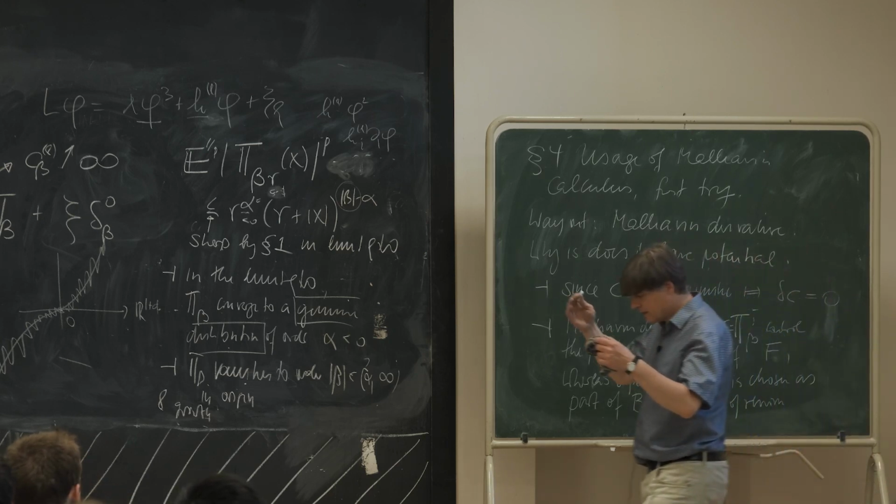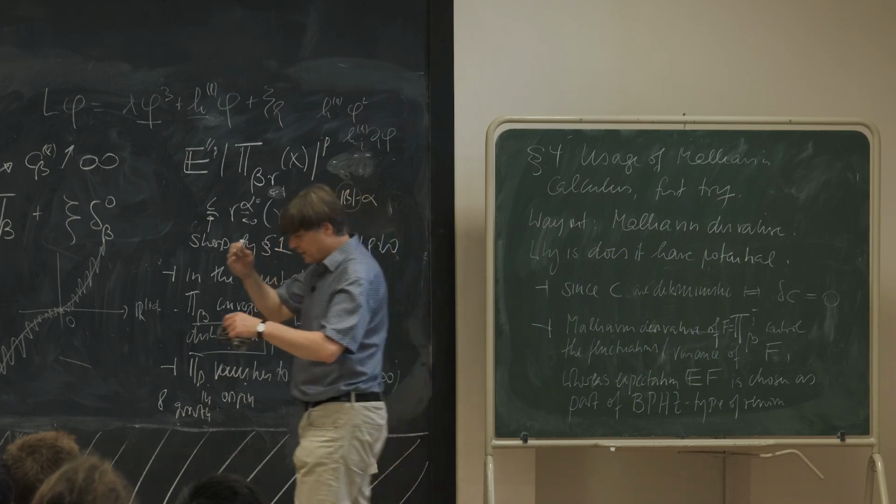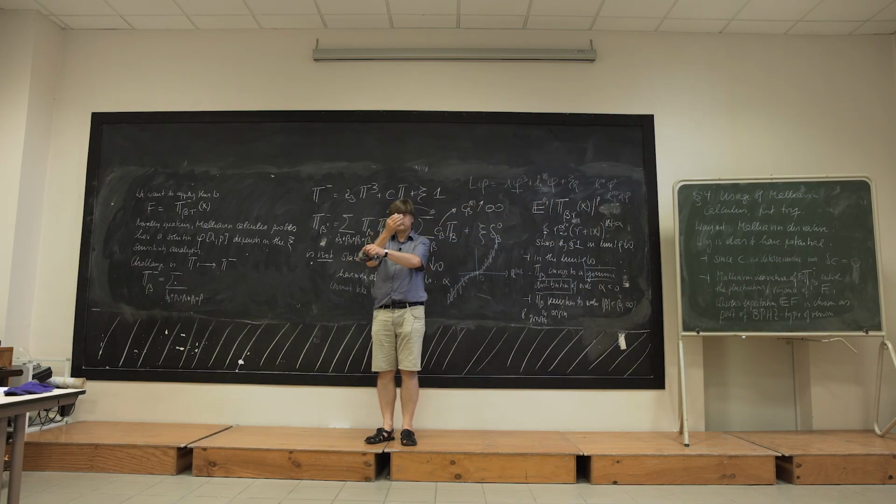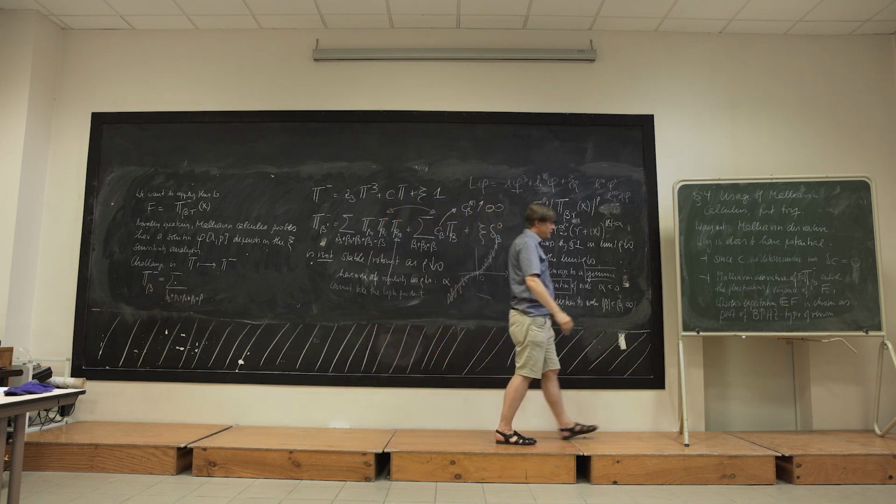So again, that's this idea that you separate your space of random variables into two parts, fluctuations and expectation, and you treat them very differently. On the one hand, the Malliavin derivative kills the expectation part, and on the other hand, it controls the remainder, the fluctuations. So that's the other reason why it's very natural.